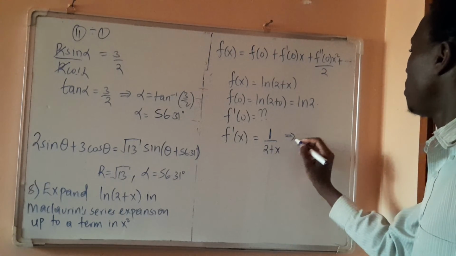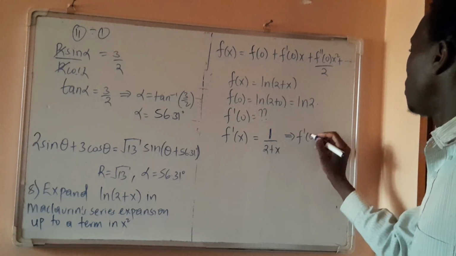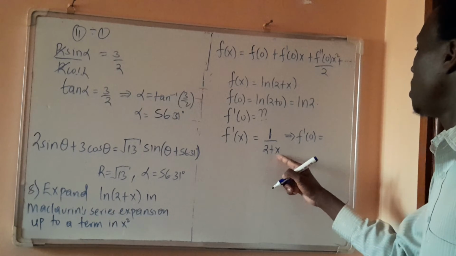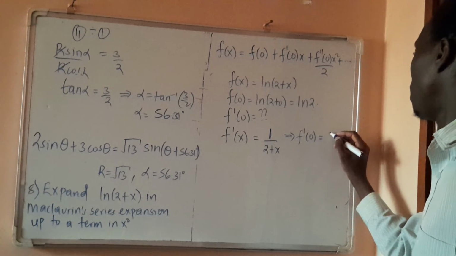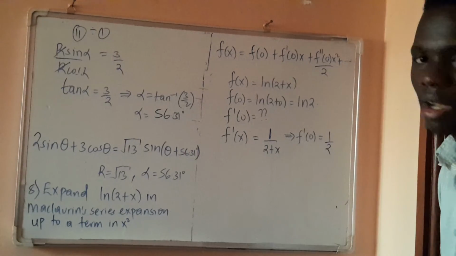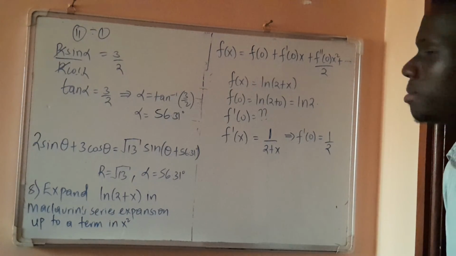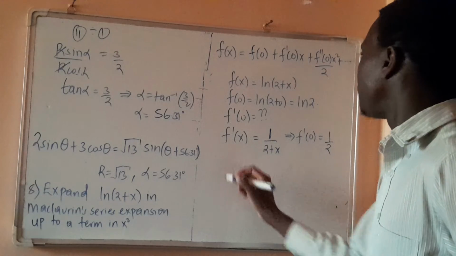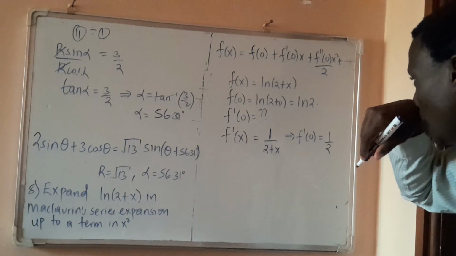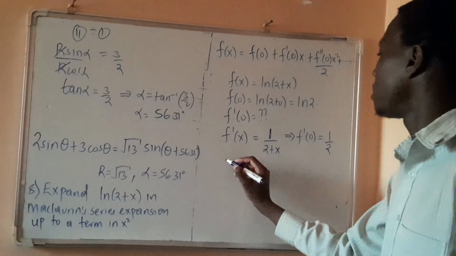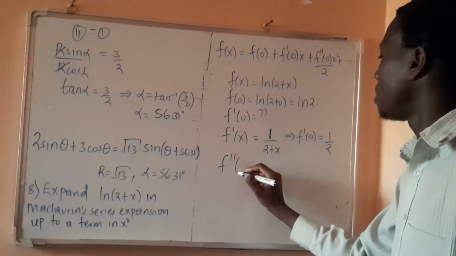So f prime of 0, where we have an x, you substitute 0. We shall come up with a half. Then we also need the second derivative at 0.